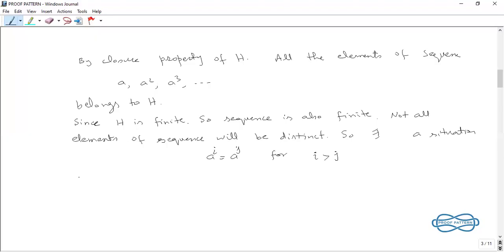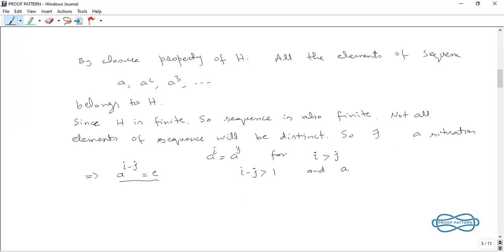This means a to the power i minus j will be equal to the identity if we apply the cancellation law from the right j times. And since i is greater than j, i minus j will be greater than 1.